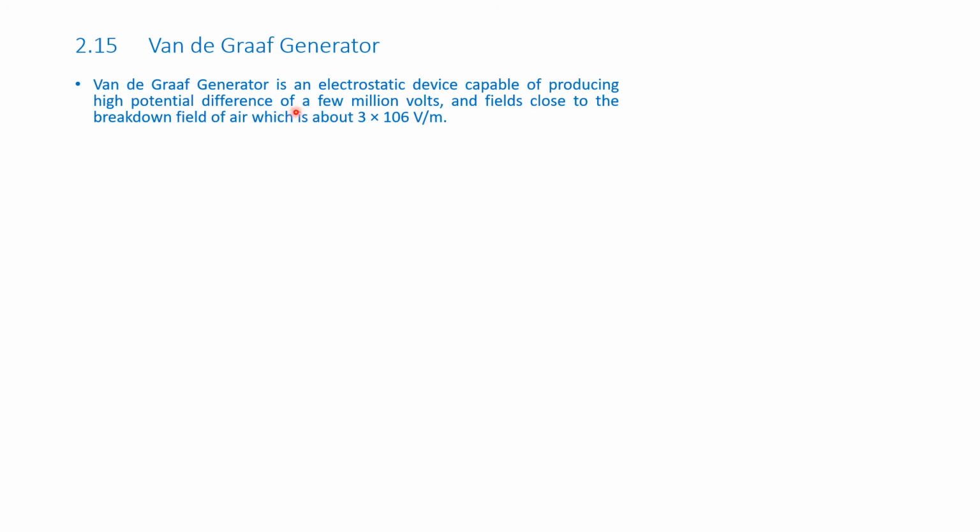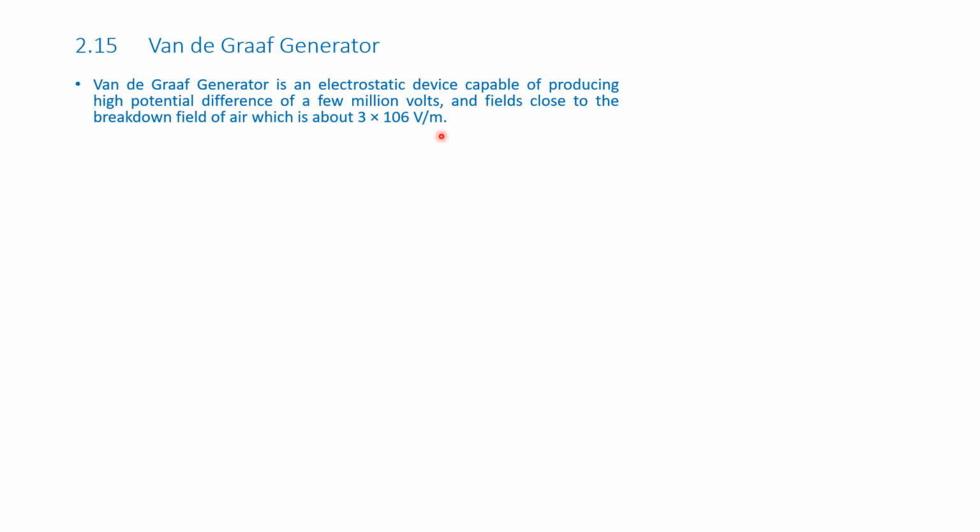Please note, it generates a very high potential difference, to the extent of millions of volts, and fields close to the breakdown field of air, which is about 3 × 10^6 volts per meter.